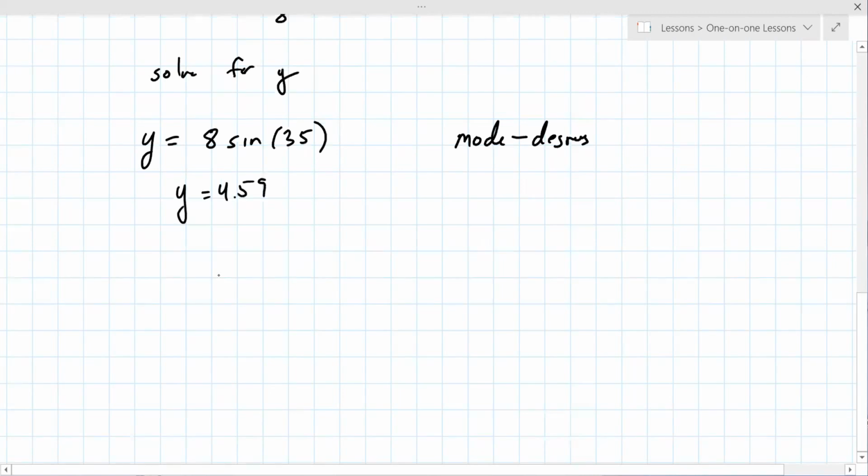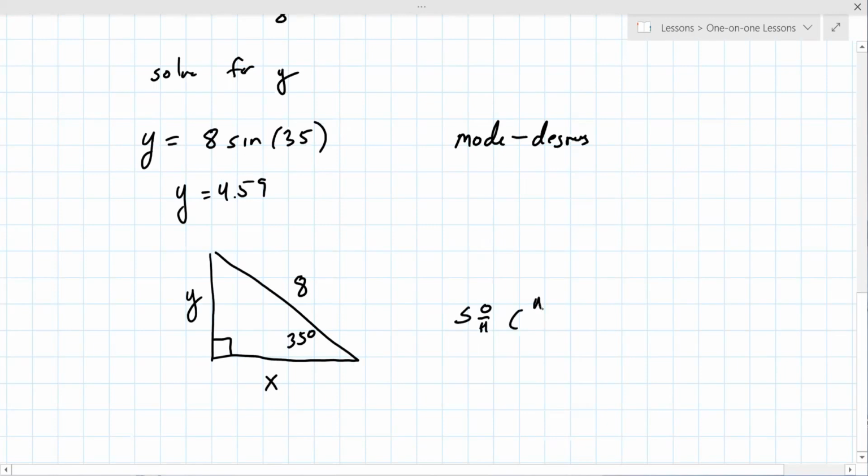Okay, now let's say we wanted the other leg. We know that this is 8, this is 35 degrees. We called this y. Let's call this x. Which of those trig functions would you use to find the value of x? Is it 4.59 degrees? No, it's a height, so it's in feet because of the 2x4s and feet.